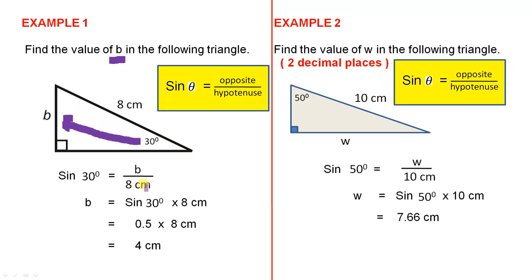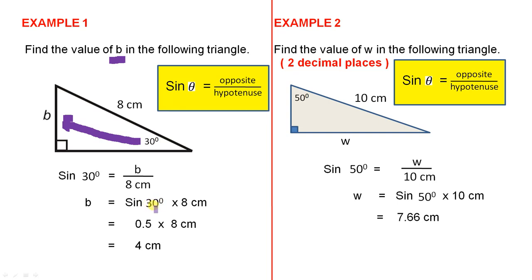If we multiply both sides by 8 centimetres, we get b equals sine 30 times 8. At this level in Year 9, you should know exactly what this means. To remove the denominator, just multiply both sides by 8 centimetres, and that gives us b equals sine 30 by 8. That's just a shortened way of doing it. I haven't gone through all the working, because at the Year 9 level you should understand this. Using your calculator, you can work out that sine 30 is 0.5.